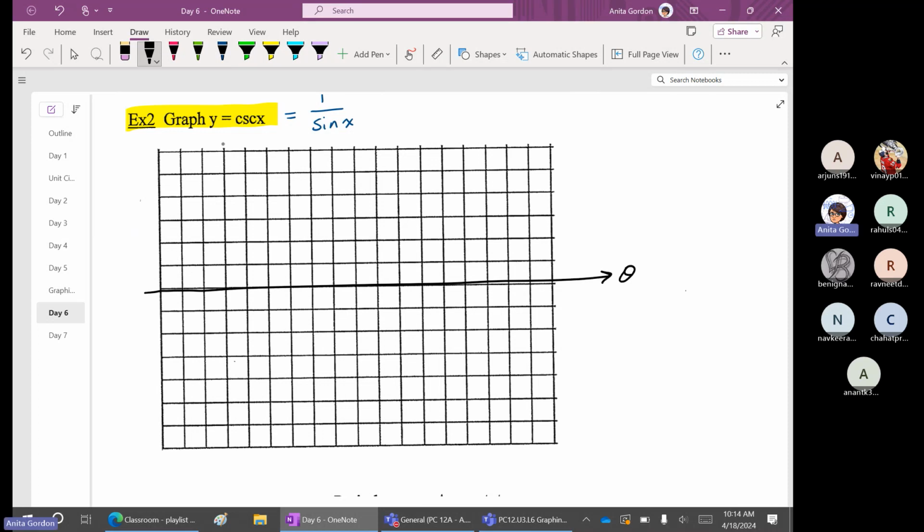Let's go up by 2 squares is 1. So every 2 squares on the vertical will be 1. Every 2 squares on the horizontal will be pi by 2.